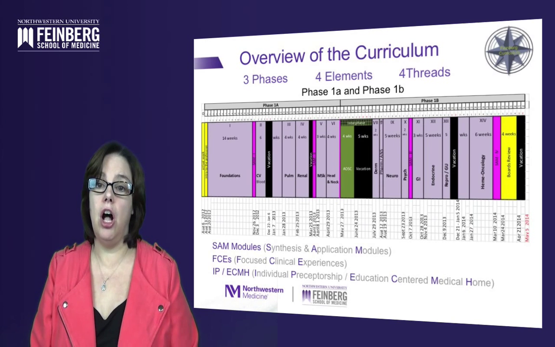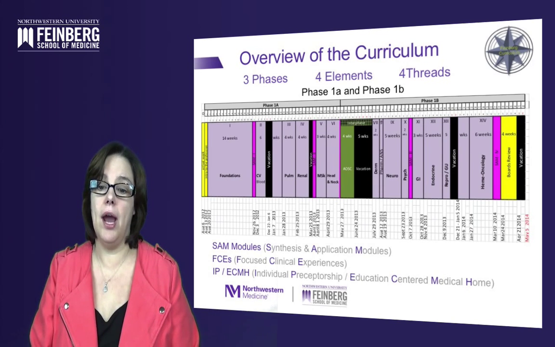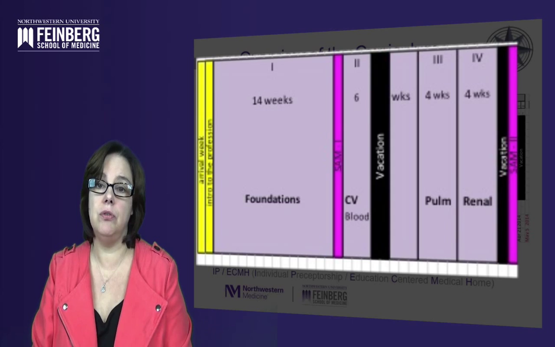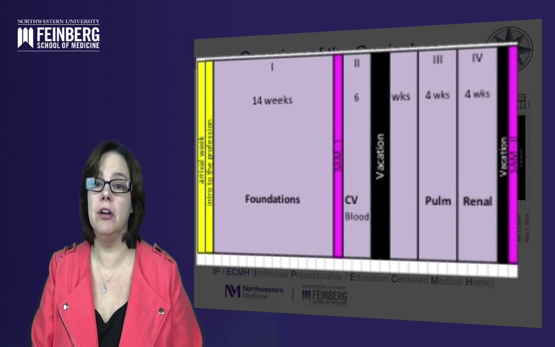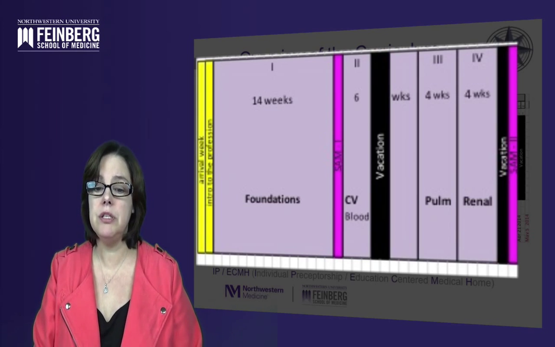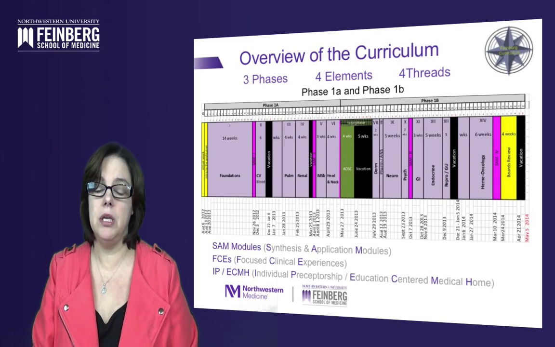This is the fuchsia colored sections on the graph, and where you see these fuchsia colors, the students have a synthesis and application week in which any content prior to that scheduled week is fair game to apply. So if you hear students talking about their SAM weeks, it's their synthesis and application leading up to whatever content they've had to that point.